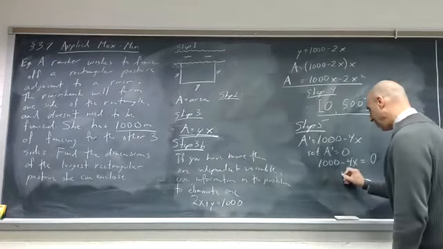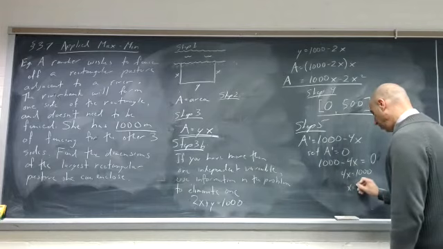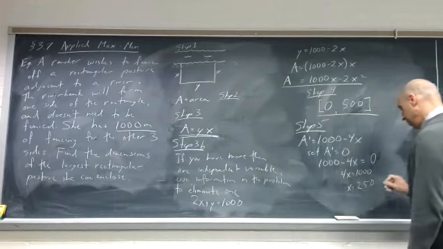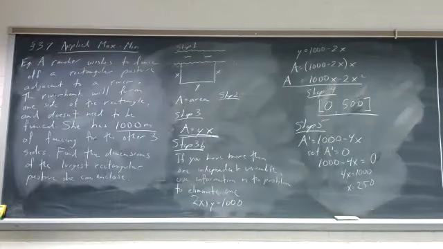So 4x equals 1,000, or x equals 250. At least that's a nicer number than we had last time. And we don't have to get rid of it because 250 is between 0 and 500.